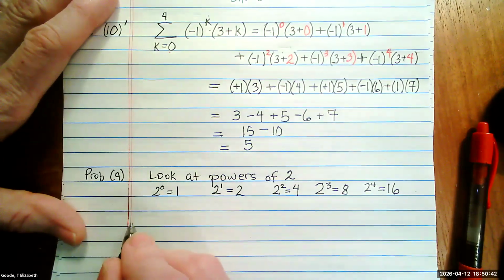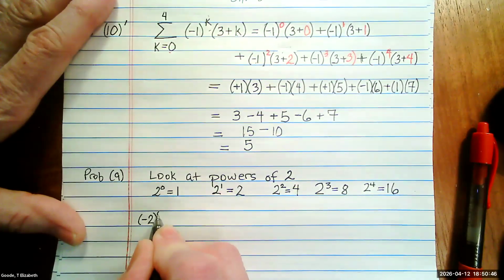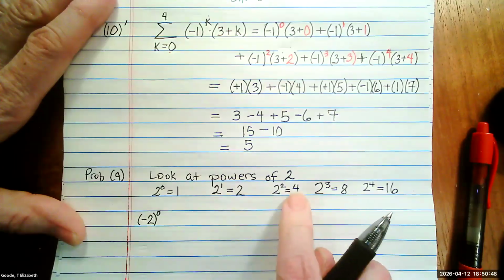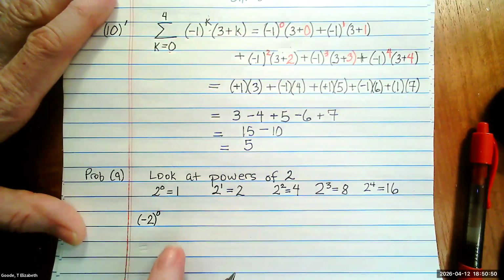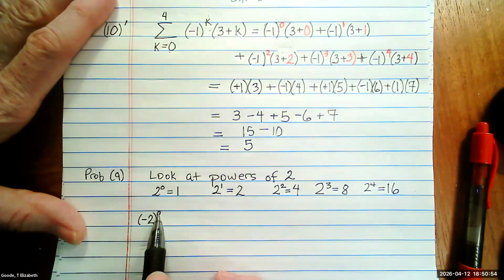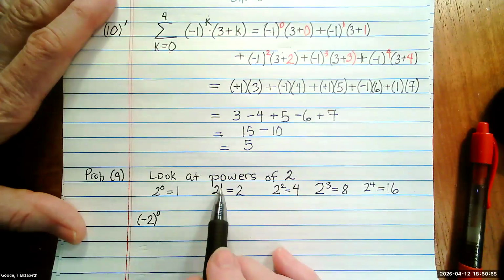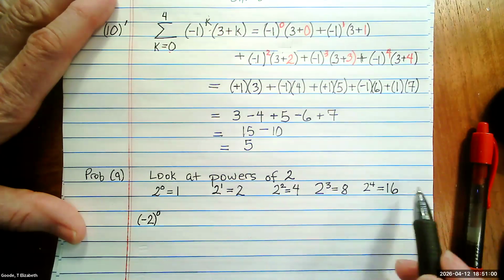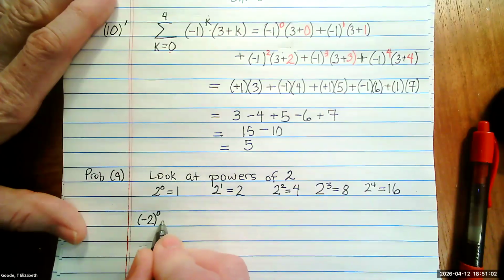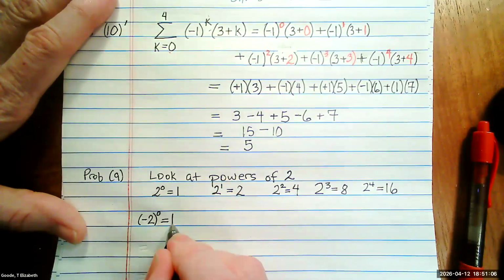Now, let's look at -2 and raise it to powers. The magnitudes are going to be the same as these, but the sign is going to alternate depending upon whether the exponent is even, like 0, 2, or 4, or odd, like 1, 3, or 5. So -2 to the 0, well, it's still just 1.